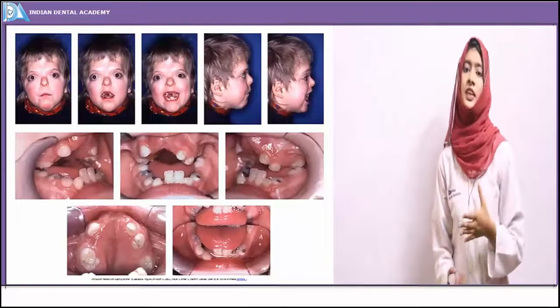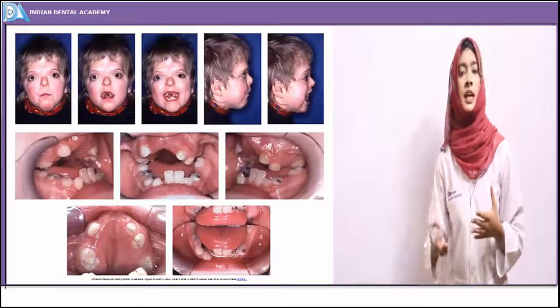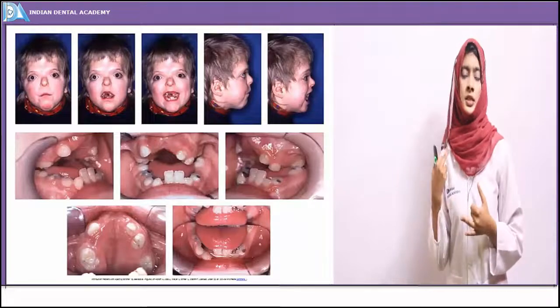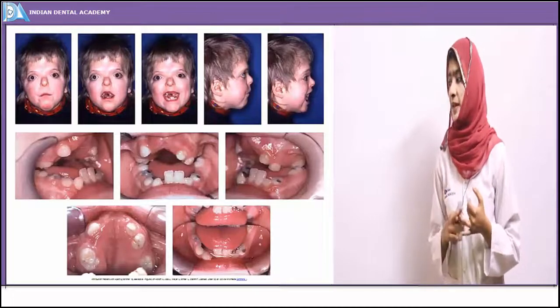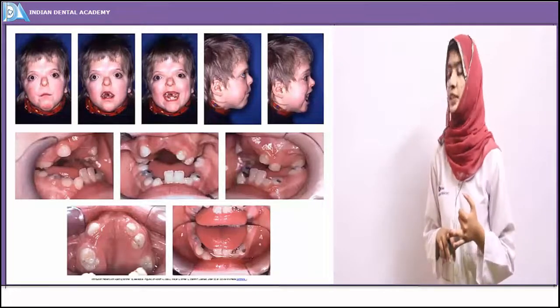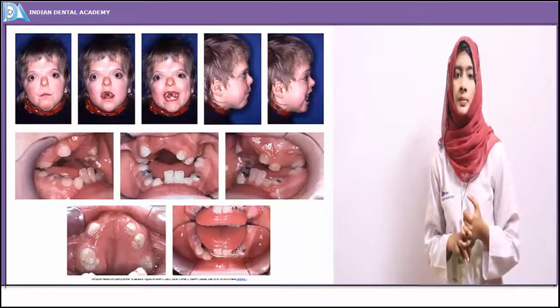Associated with cleft palate, you can see other defects like missing teeth, displacement of teeth, or spacing of teeth. All dental defects can be seen.